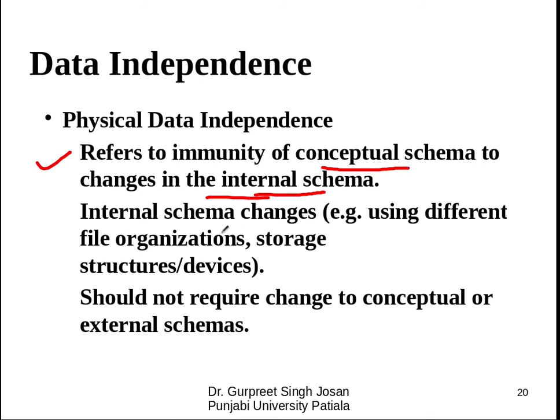Internal schema changes include, for example, using different file organization, different storage structures, or different devices to store the database. These changes at the internal level should not require any change to the conceptual or external schema. The conceptual and external schemas should be immune to all these changes.